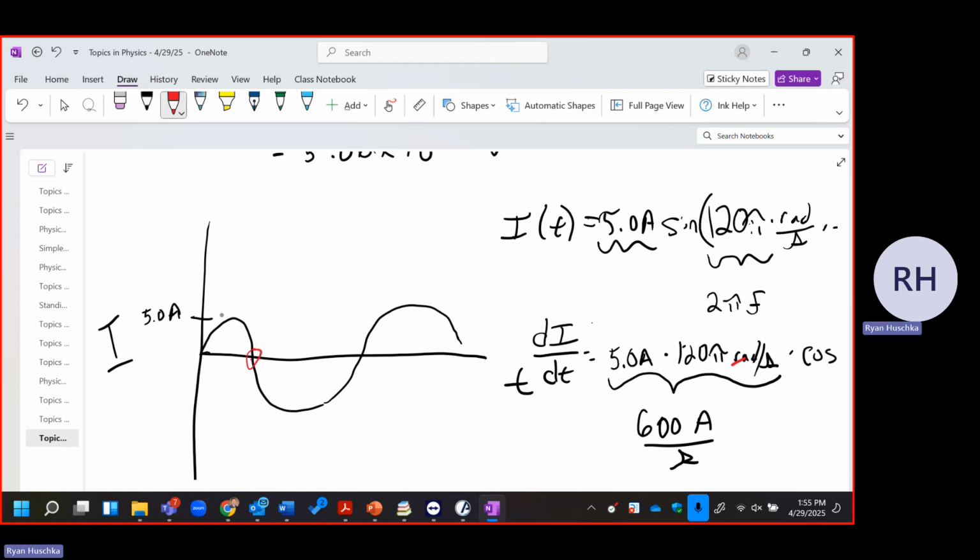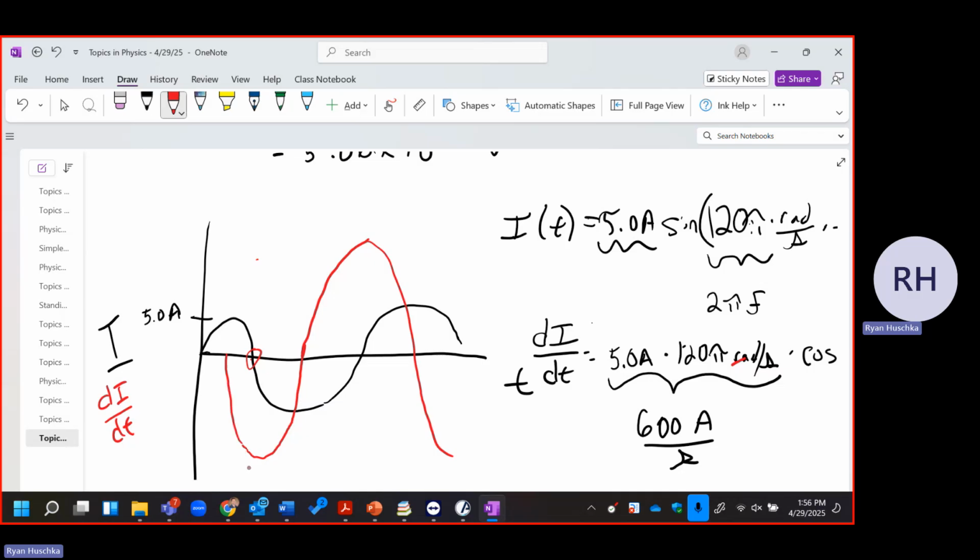So if we wanted to plot what dI over dt looked like, you'd have a really big peak here, then go back down to 0 here, then a peak there, and then it would go back down to 0. You have a negative slope right there, so if we did dI/dt, it's going to have to be a maximum here, go through 0, come up to a positive, and go back down to 0.